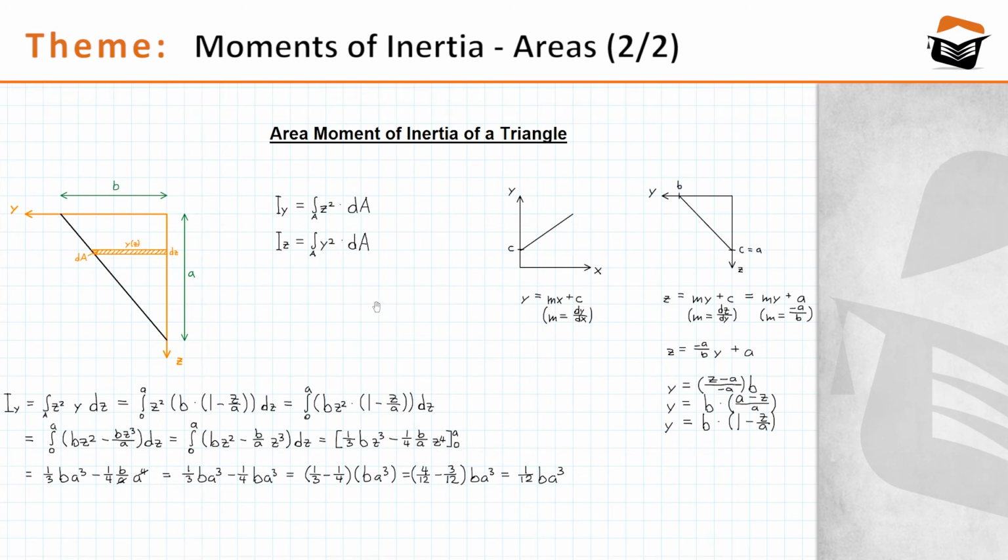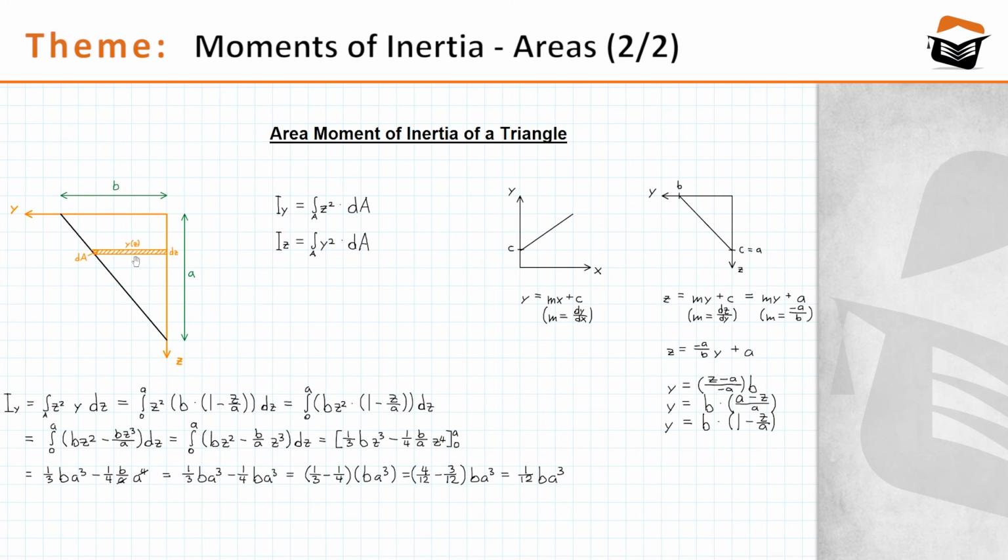So this is the area moment of inertia of a right-angled triangle with respect to the y-axis when your coordinate system is at the right angle of the triangle. And just be aware that in some tables the area moment of inertia will be different than 1/12 times b times a to the third power, and that's because in some tables the reference coordinate system does not start at the right angle or corner.